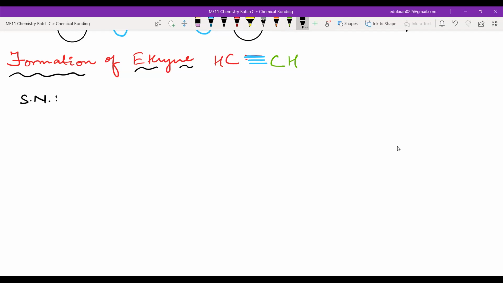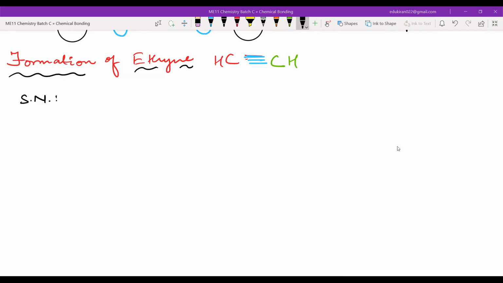Steric number for both the carbons? Count the sigma bonds. There is no lone pair. Count the sigma bonds. How many sigma bonds?